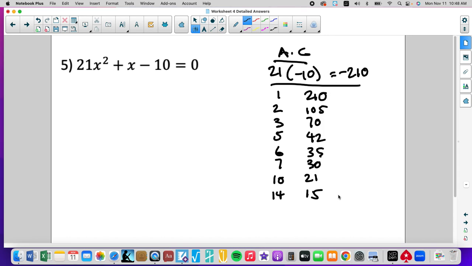So when we subtract those, that equals 1. And the bigger is going to be positive.